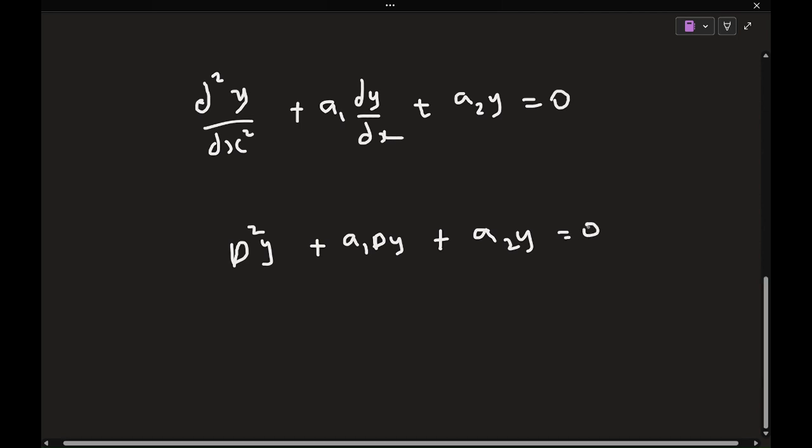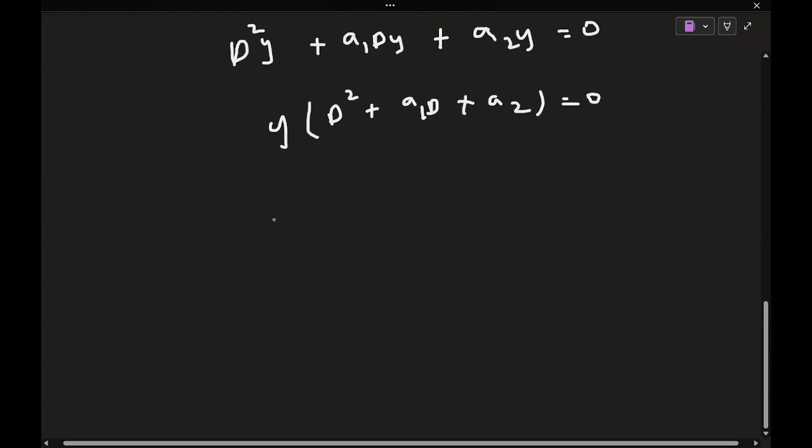Now what can I do? I can take y common. y of D square plus a1 D plus a2 equal to 0. Now I can send this y to the right hand side, and I'll be left with a quadratic equation. D square plus a1 D plus a2 is equal to 0.